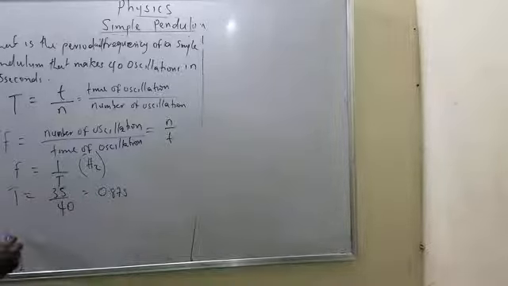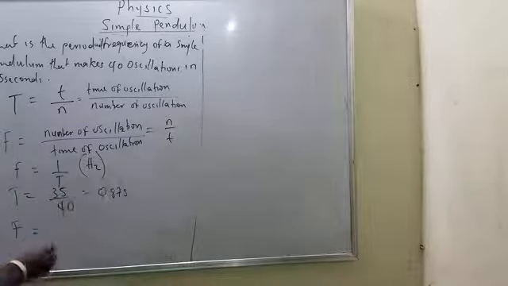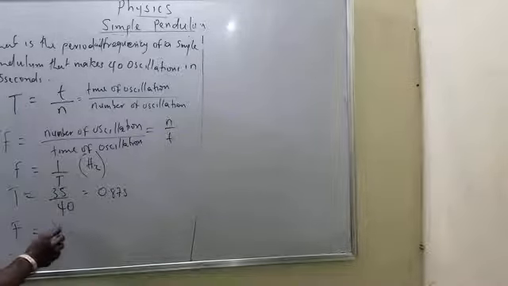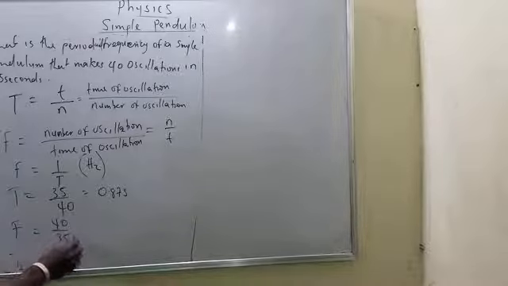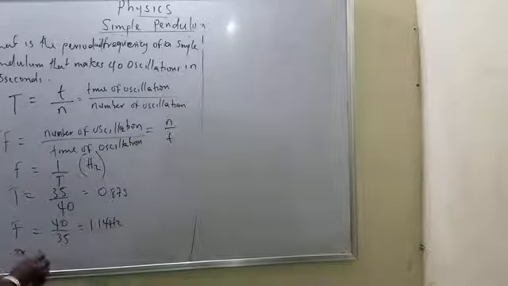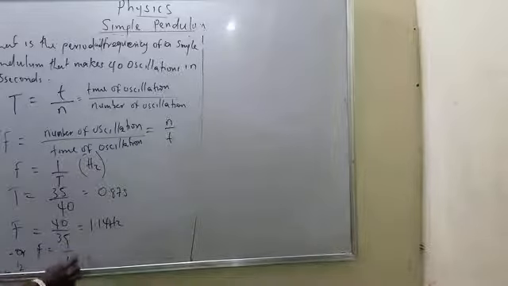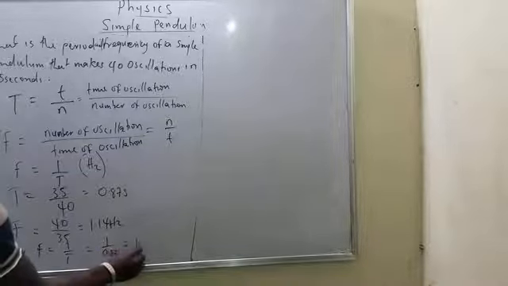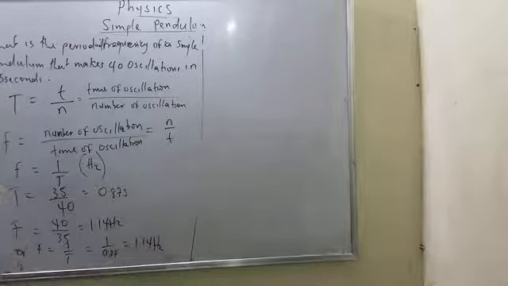Also my frequency equals number of oscillations divided by time of oscillation, which is 40 divided by 35, giving 1.14. Or frequency equals 1 over period, which is 1 over 0.87, which is also 1.14. Anyhow you do it, that is how you feel like.